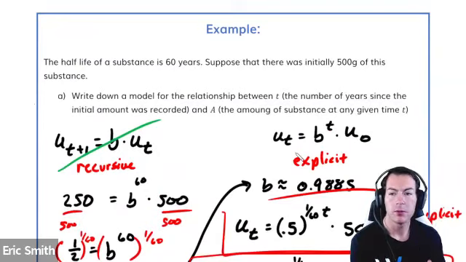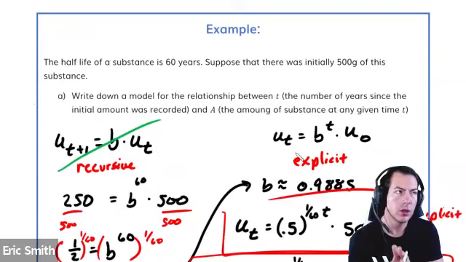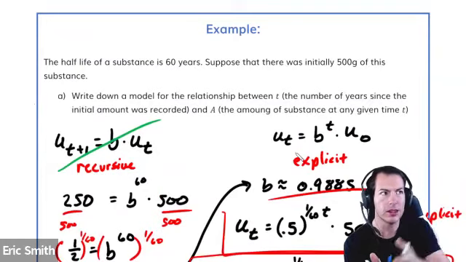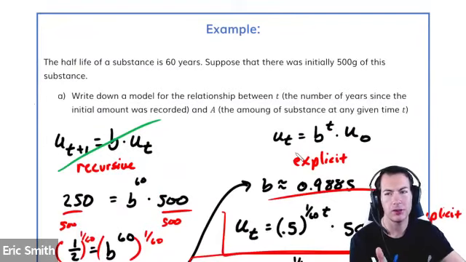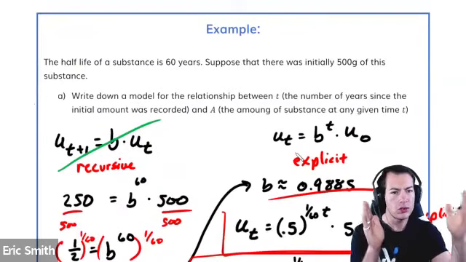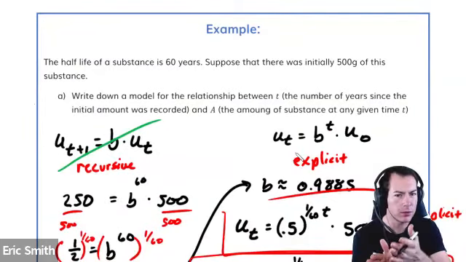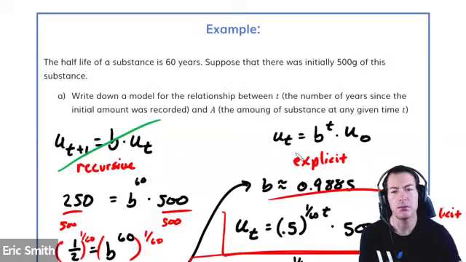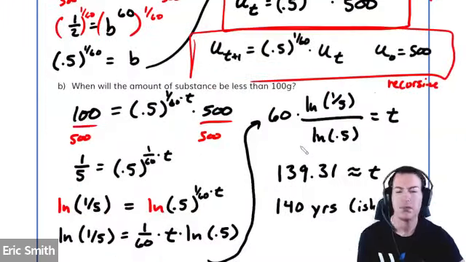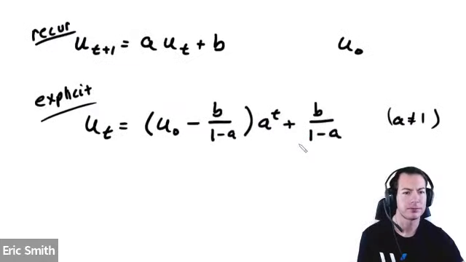There was no information about how it grew from generation to generation. The only information I had was how it started at an original amount of 500 and then just jumped to half of that 60 years later. So there was a huge gap. If you had information from generation to generation, it really lent it more to a recursive model. That's why we went explicit in that one.